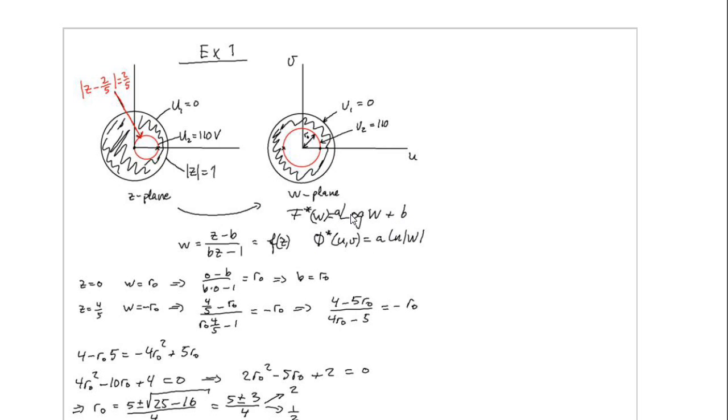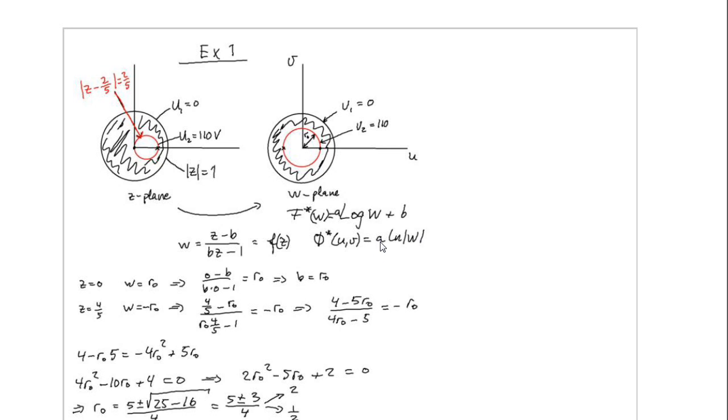And in fact, the real part of this complex potential is what we are looking for. We are looking for phi star, which is on this form A multiplied with the logarithm of the absolute value of W.